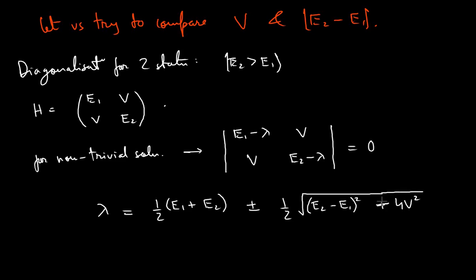Now it is quite straightforward to see that this gives us again the eigenvalues. But now we are not interested in that. We know that we get it from there. So again lambda plus minus, two values. Now what we want to do is compare these two. So how do you do that?